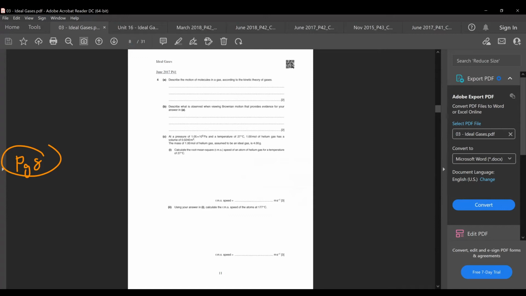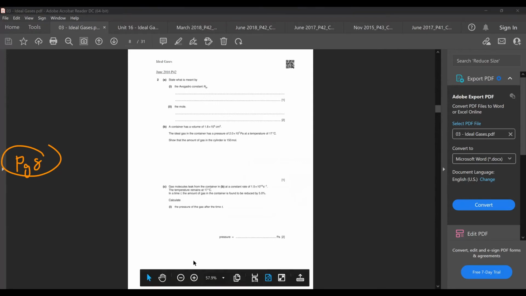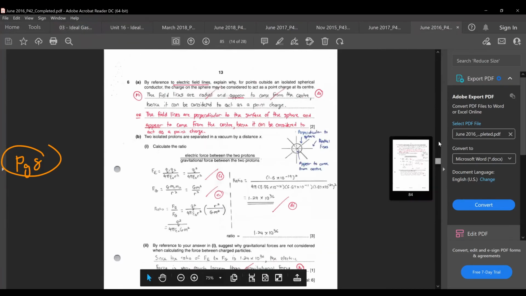Okay, page 8 is actually something different. It's not something we've done; the calculation is not something we've done before. Okay, just go to page 8, June 16, P42. We'll finish this, then after that we'll go on to a new chapter.